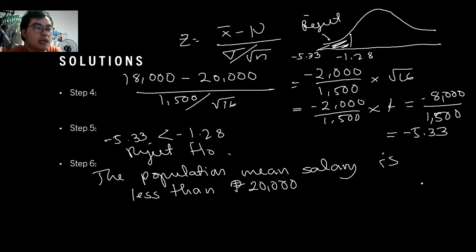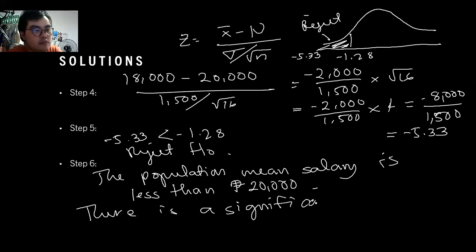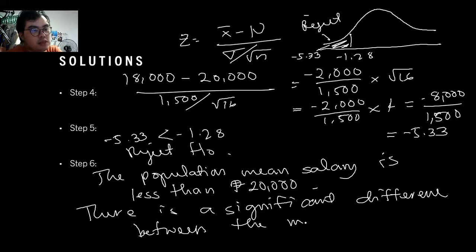So, bale less than siya. So, we can tell that there is a significant difference between the means. Okay, so pag nag-reject po tayo ng null hypothesis, there is a significant difference between the means.